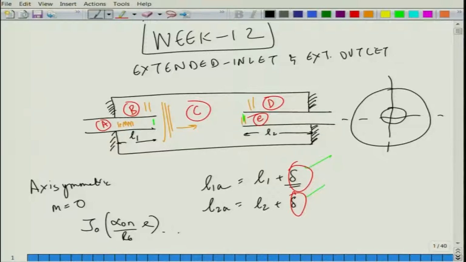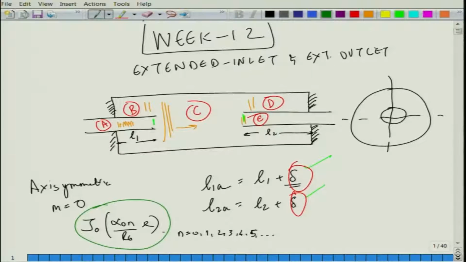So, n can be 0, in which case it is a plane wave, 2, 3, 4, 5 and so on. Basically cos m theta, sin m theta, azimuthal or circumferential modes will not be there, because such modes are not excited.